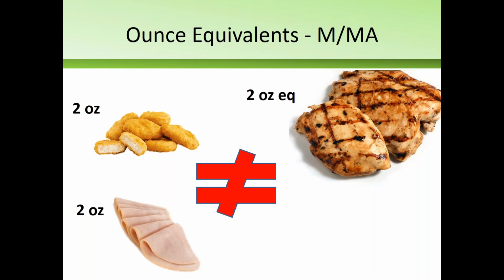These products have added water, fillers, and breading that account for part of the weight and not the protein content. And so this is why a child nutrition label or product formulation statement is needed, which we will discuss in more detail. On the other hand, whole muscle meat, such as chicken breast, after it has been cooked, credits ounce for ounce. So 2 ounces of cooked chicken equals 2 ounce equivalents of meat alternate.